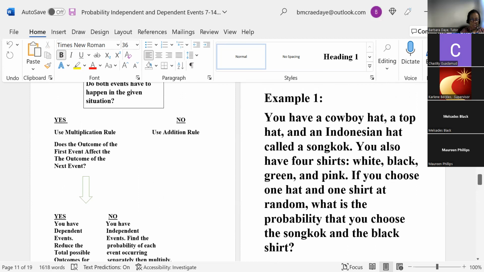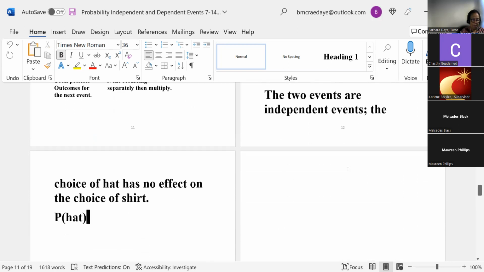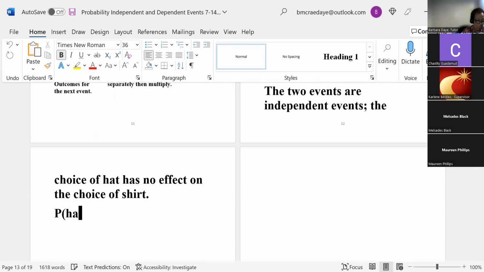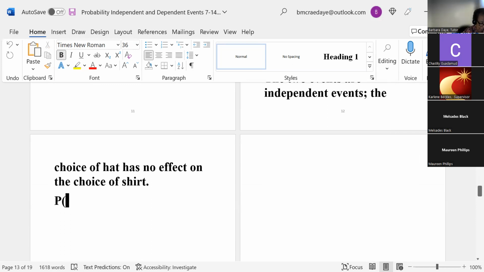The Indonesian hat is called a sangkak. So let's put what they ask, the sangkak hat. Okay, Maureen. Possible over total. So what would that be?